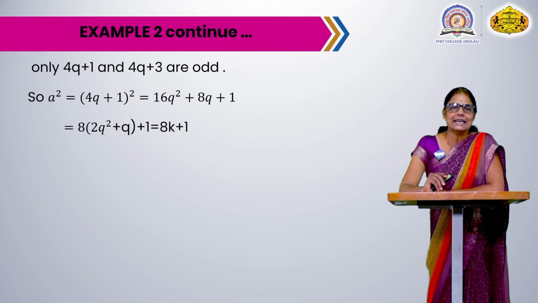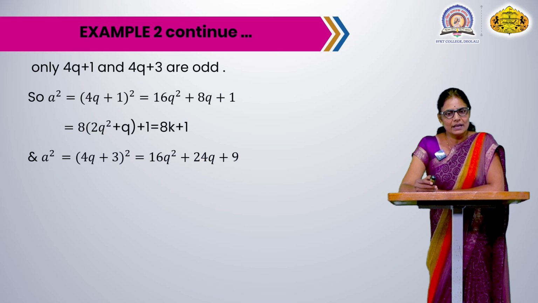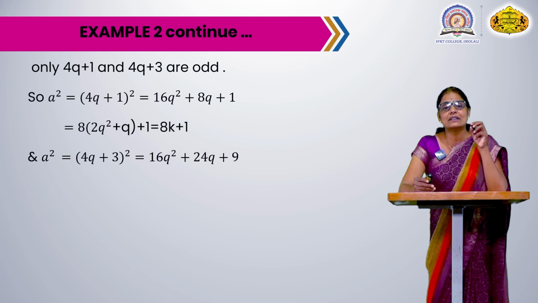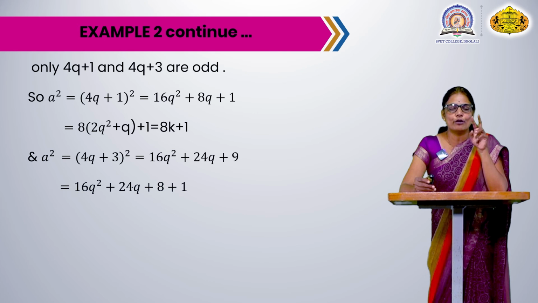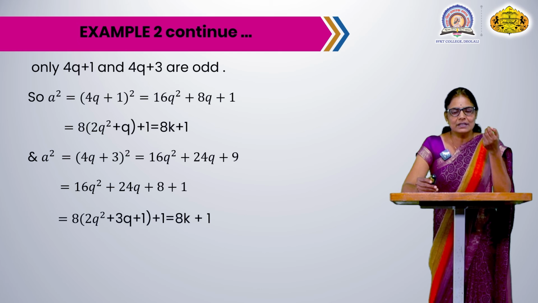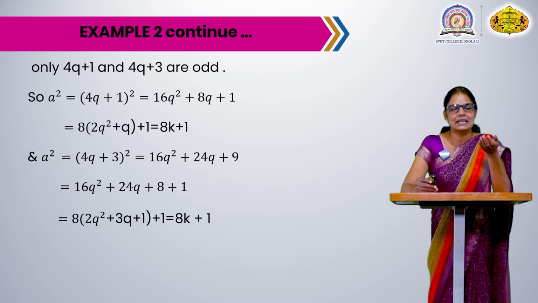Now consider the second case, put a equal to 4q plus 3 and square it, applying the formula again. If you simplify, we get 16q square plus 24q plus 9. We want to express this in the form of 8k plus 1. This 9 can be split as 8 plus 1, and from the first 3 terms you can easily take 8 as a common factor. After taking 8 common, the remaining is 2q square plus 3q plus 1, and the last 1 as it is.